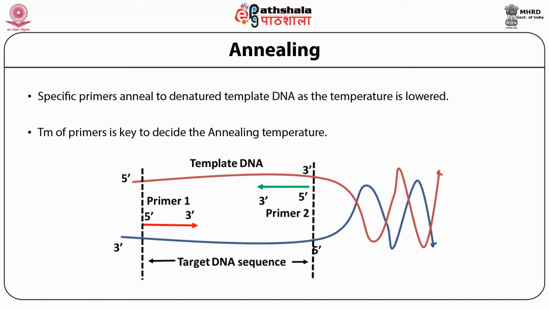Theoretically, the Tm value can be calculated from the number of all four bases, that is guanine, cytosine, adenine, thymine, as per the formula where Tm is equal to 4 times the sum total of G plus C, plus 2 times the sum total of A plus T.